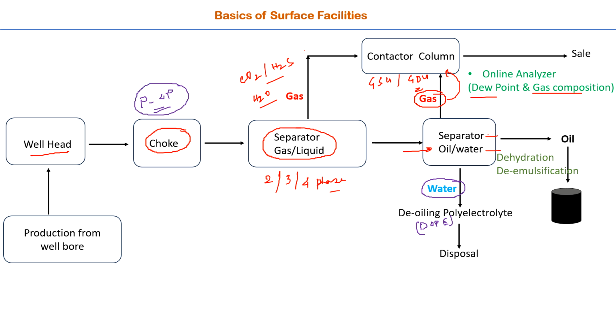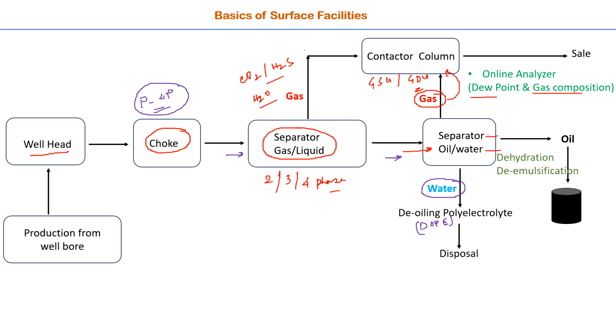As we move from the choke to the separator, and to the second stage of separation, every time some amount of pressure is lost, delta P amount of pressure. So as the pressure is reduced, the volatile components present in the fluid will be eliminated, that will be coming out from the fluid.